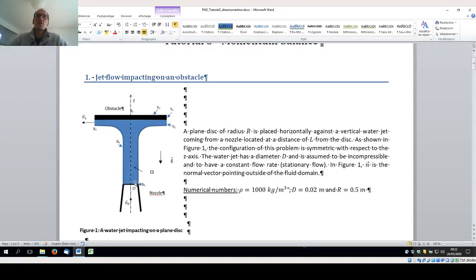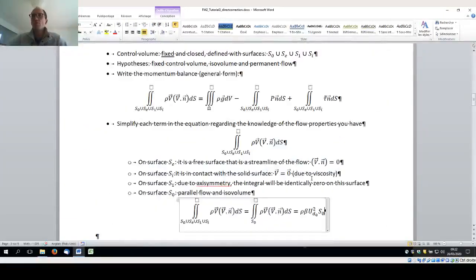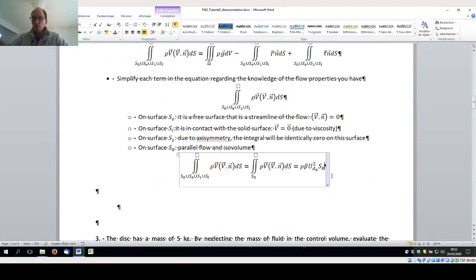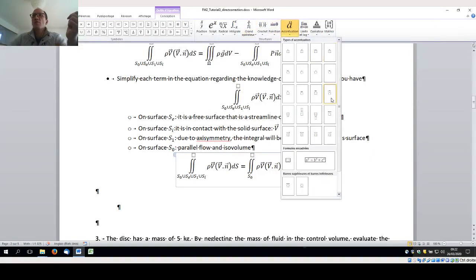So velocity scalar normal has a negative sign, because velocity and normal are opposite. So it will be directed along the normal n0. So this is to simplify the writing of the equation. We introduce this.